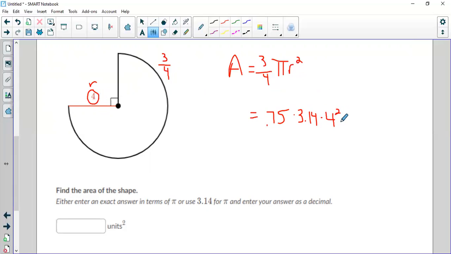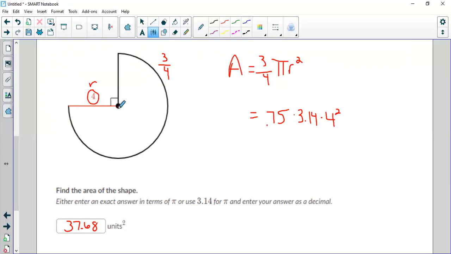So let's do some calculation here. 0.75 times 3.14 times 4 squared, which is 16. Gives me a grand total of 37.68 units.